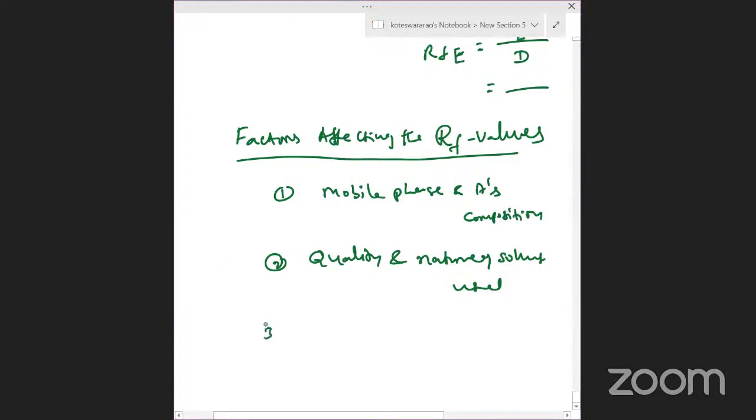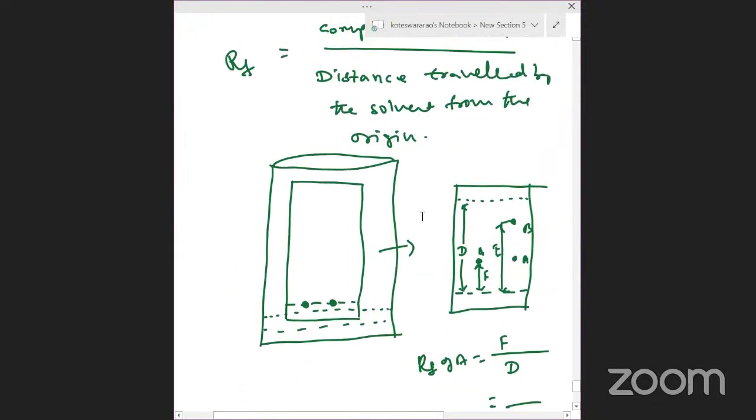Next, distance traveled: the distance from the origin which the mobile phase is allowed to run. Suppose in the previous case, I have used this chromatographic plate. Whenever I'm developing this chromatography plate, sometimes I'm running from origin to here, sometimes maybe from here to here.